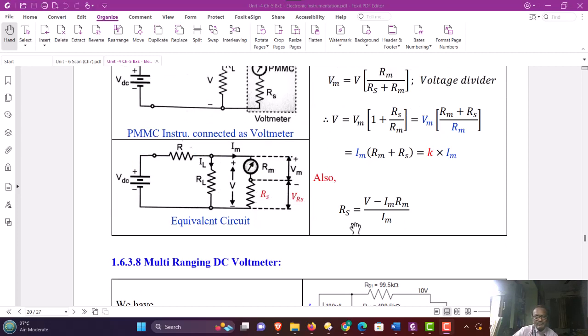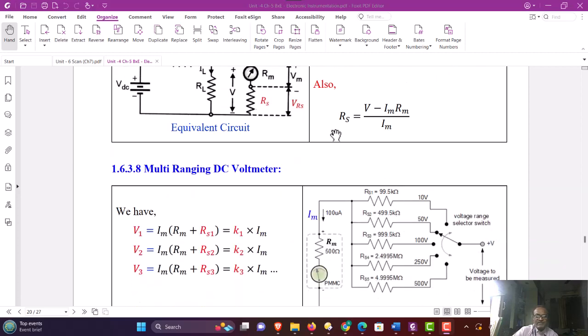What is the voltage drop across Rs? That is V minus the voltage drop across Rm, that is V minus Im into Rm. That is equal to the voltage drop across Rs, and therefore Rs is equal to VRS divided by Im, that is V minus Im Rm divided by Im.